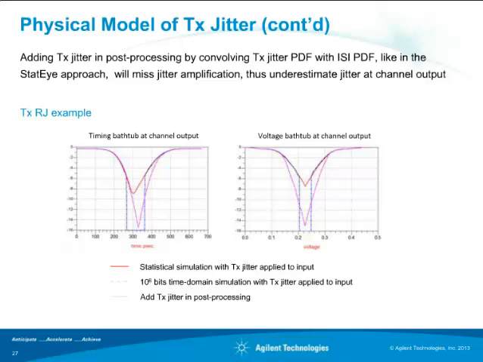As a comparison, the pink curve is the result of using the post-processing approach to add Tx jitter directly to the ISI result. As we predicted previously, the post-processing approach underestimates the output jitter.